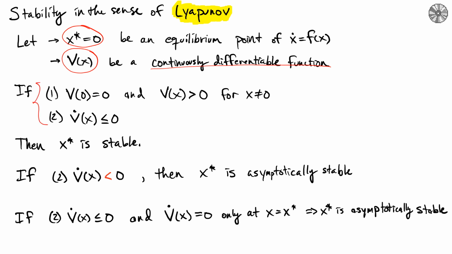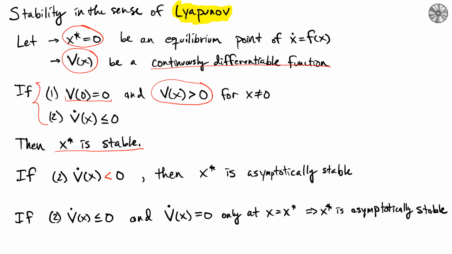So we require that v, this function, is positive for all x not equal to 0, or in this case, the equilibrium point, and that it can only be 0 at the equilibrium point itself. And then the second part of this is that the derivative needs to be decreasing or at least stagnant. So it needs to be less than or equal to 0. So if that's all true, then we can say that this equilibrium is stable.